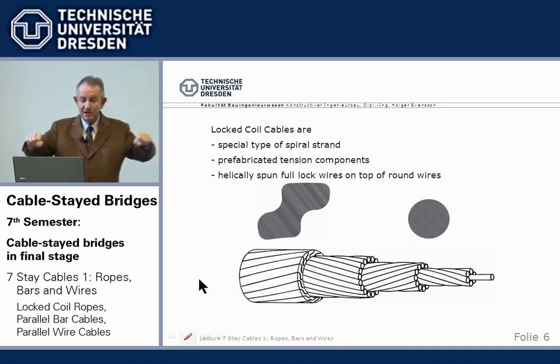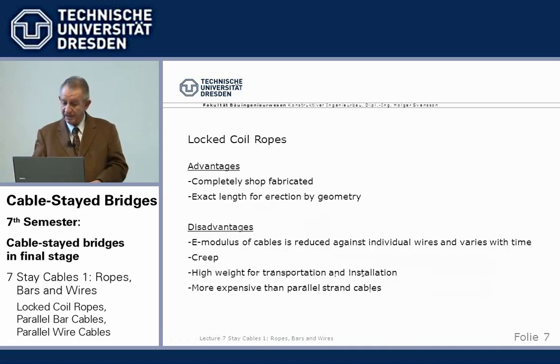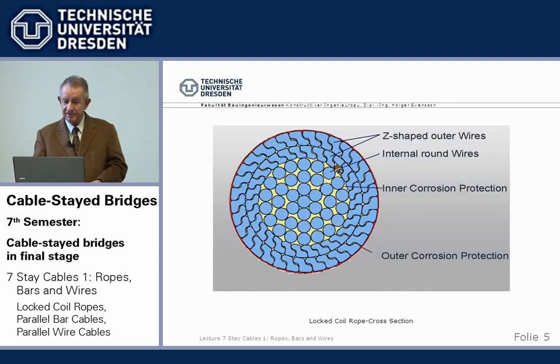Now if I pull, then the cable tends to shrink its diameter, transverse contraction, perfectly clear. And then what happens is these Z-shaped wires are pressed against one another very closely.